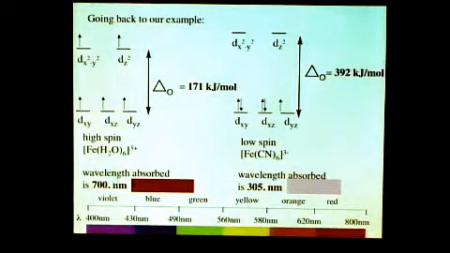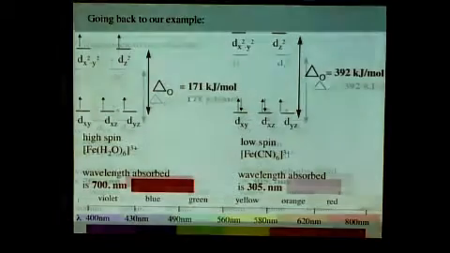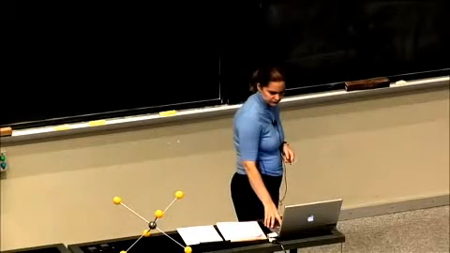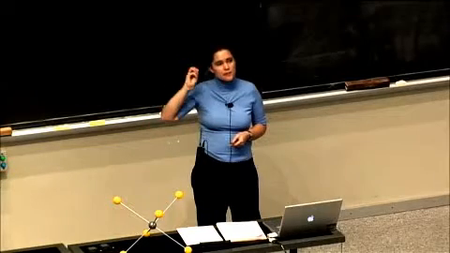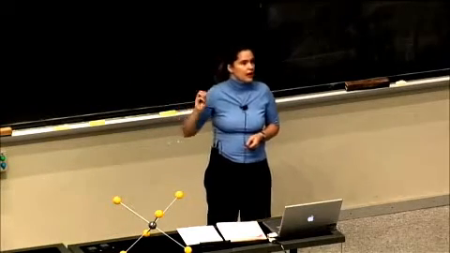We're absorbing red light with the water compound, and sort of a purple or violet light is being absorbed in the cyanide complex. We'll talk in a minute about the light that is being transmitted, which is complementary to the color of the light absorbed. So by knowing something about splitting energies and the types of ligands, you can know something about colors.